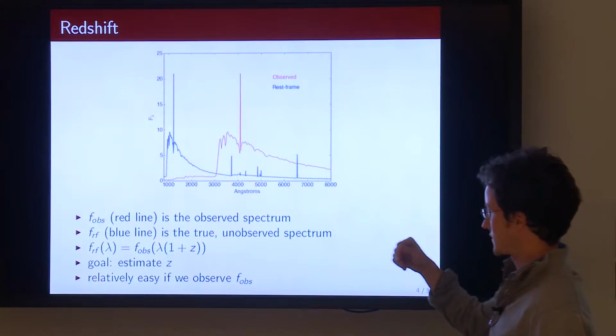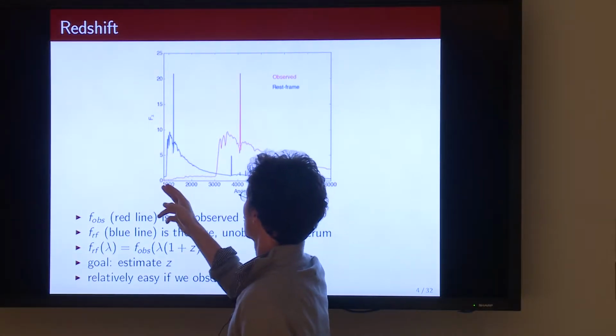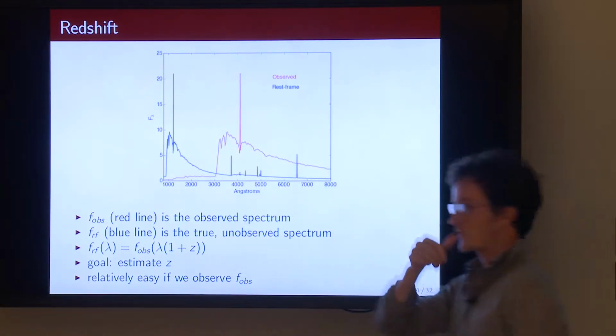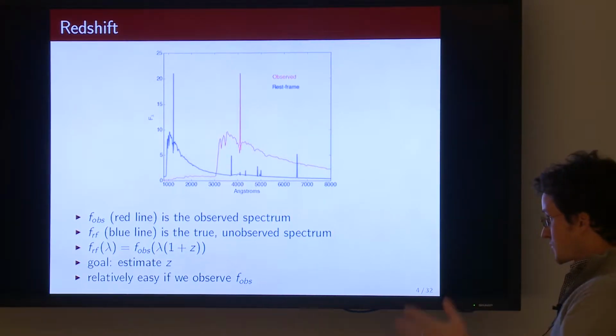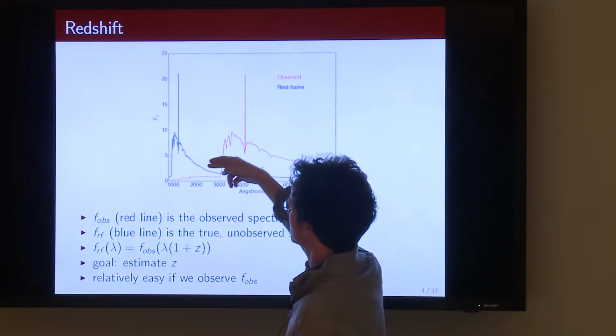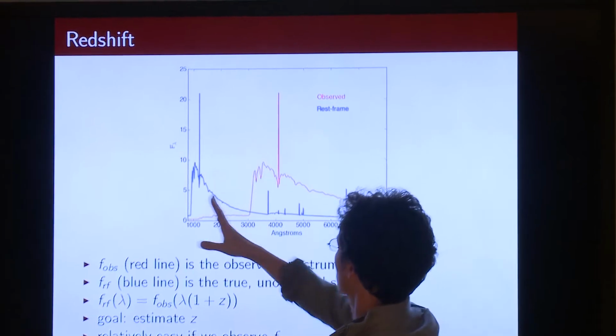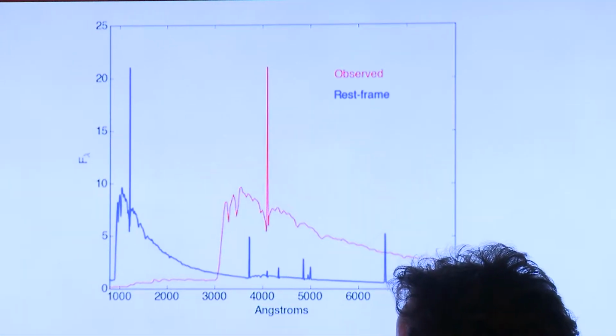A spectra is the brightness of an object in flux as a function of wavelength of light in angstroms. So the red line is the observed flux. That is a redshifted version of the true spectrum. The blue line here is the true spectrum, which wouldn't be observed. And effectively, it's just a shift here. And the shift is defined by this equation.